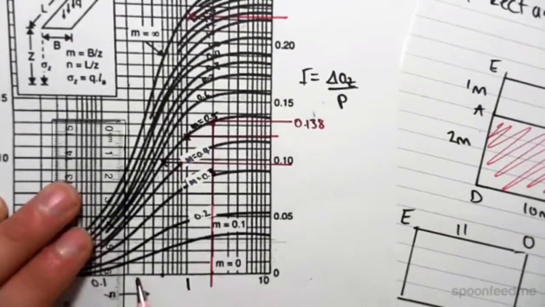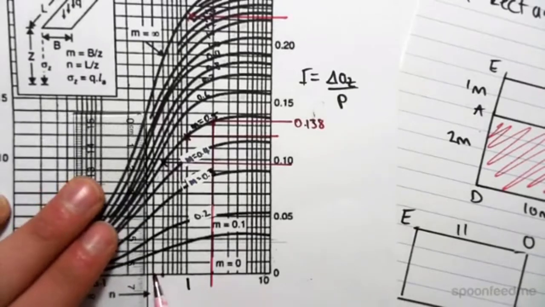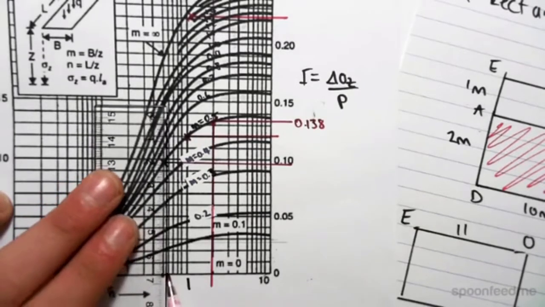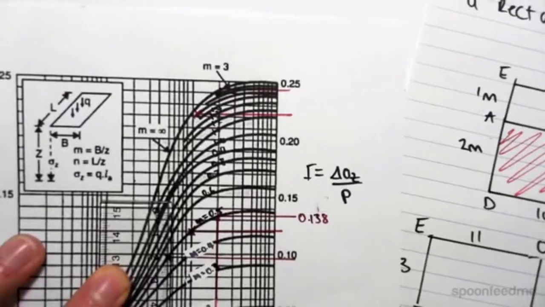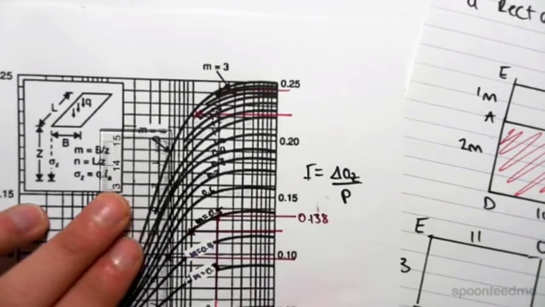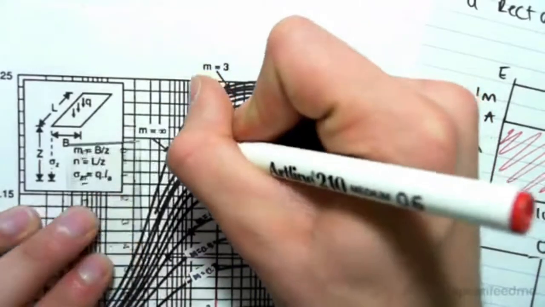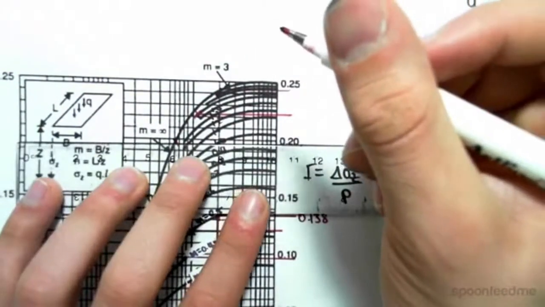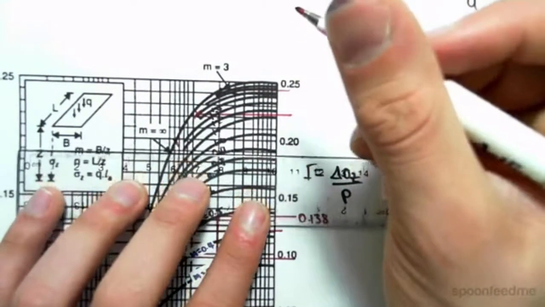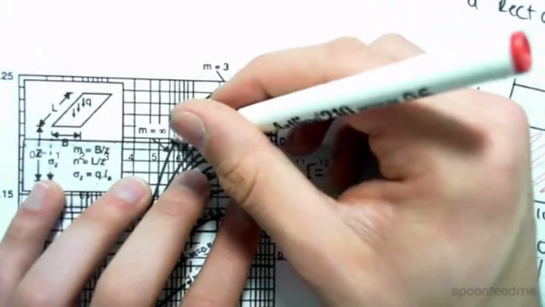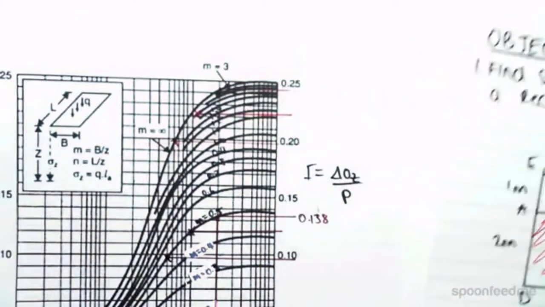So 0.66 is around here, and 7.33 would be all the way up here, because this is about infinity. We come across, and we get around 0.20.